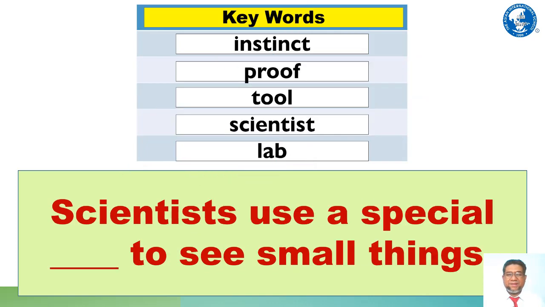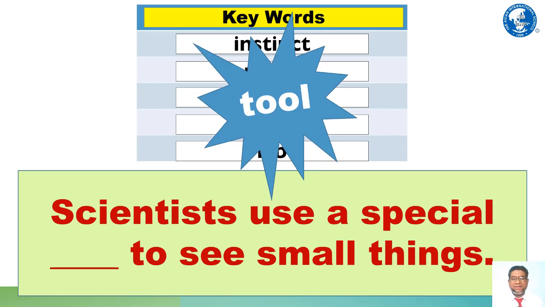Here's the next question. You have 5 seconds. 5, 4, 3, 2, 1. Mini boards up. If you wrote the word tool, you are correct.